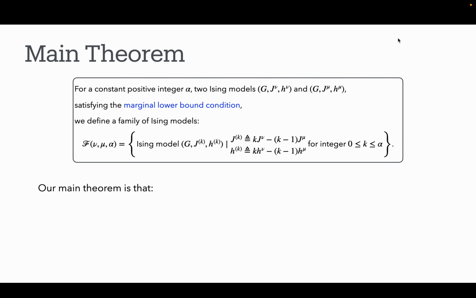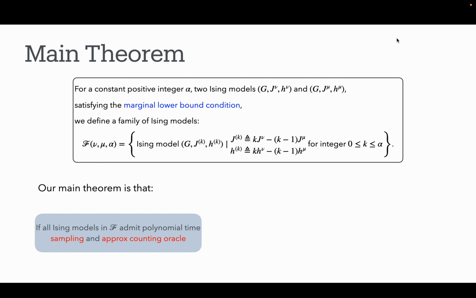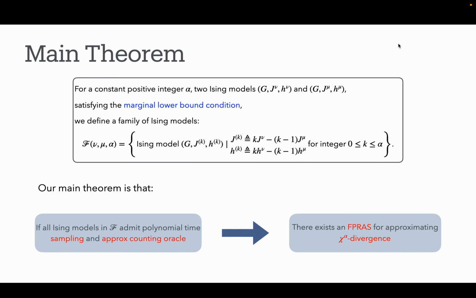Our main theorem is that if all Ising models in this family admit polynomial time sampling and approximate counting oracles, then we give an FPTAS for approximating chi-alpha divergence.